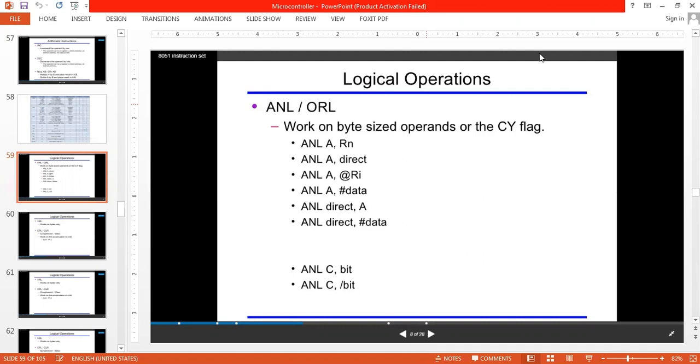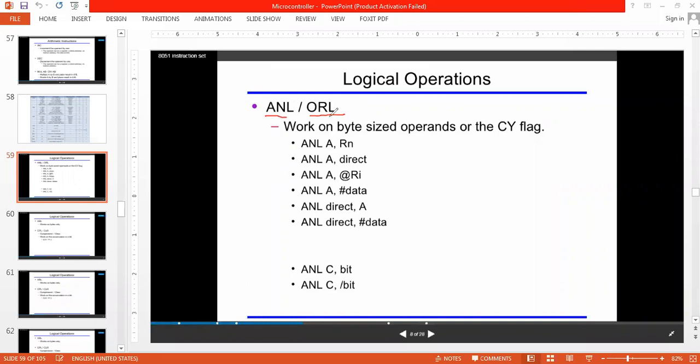There are only three logical operations here. One is ANL, which is called AND logic, and ORL, that is OR logic, right?